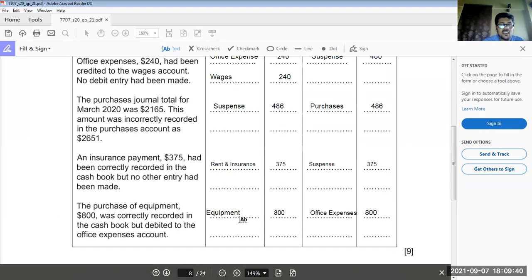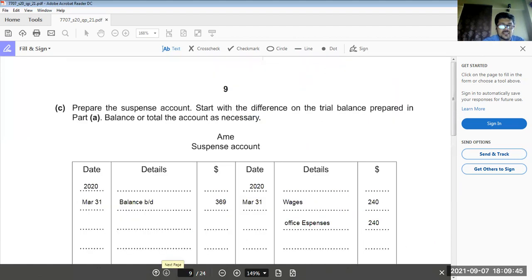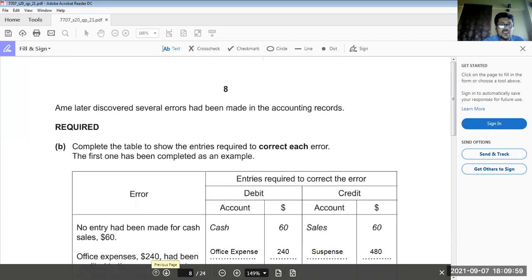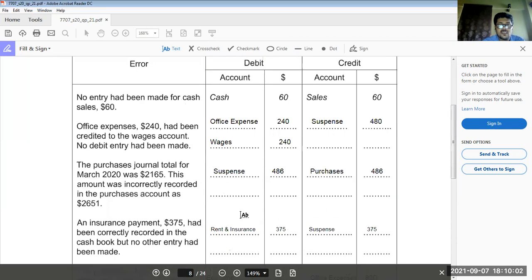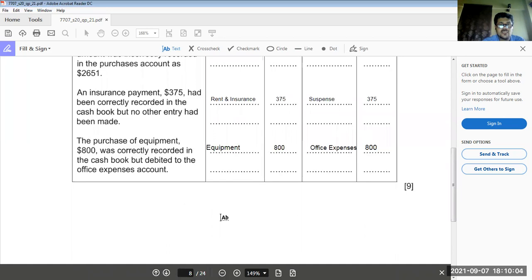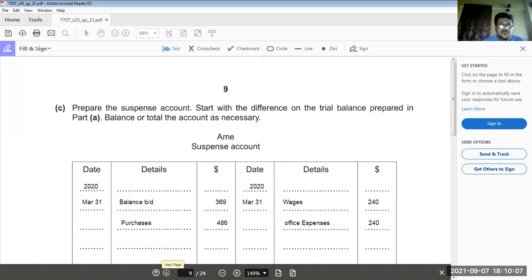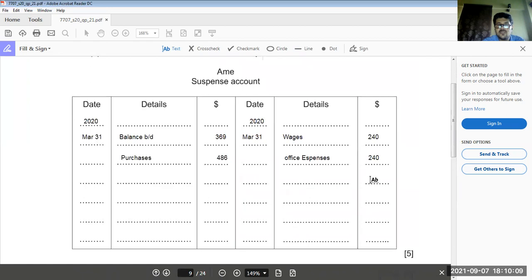Another entry: we have to debit suspense 486, reason purchases. Then the next entry: rent and insurance debit, suspense 375. We have to write 375 over here, reason rent and insurance.